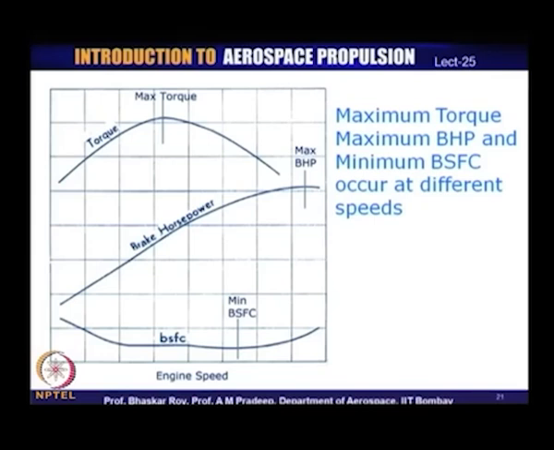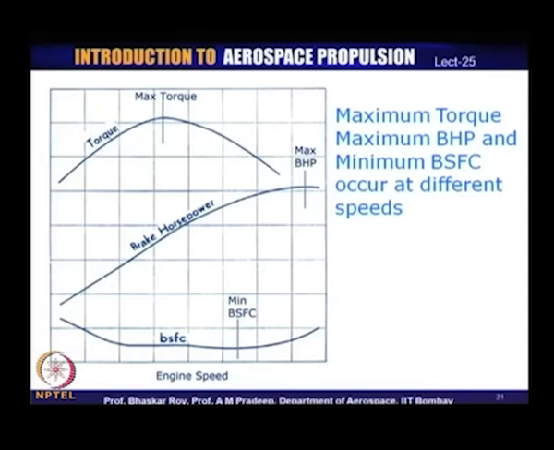Typically, he would like to do it in such a manner that, taken over the entire aircraft flight, let us say from takeoff to cruise to landing, finally the total fuel consumption would be at a low value. So, this is something which requires a certain amount of engine control and propeller control, a little bit of which we might discuss later on in this course.